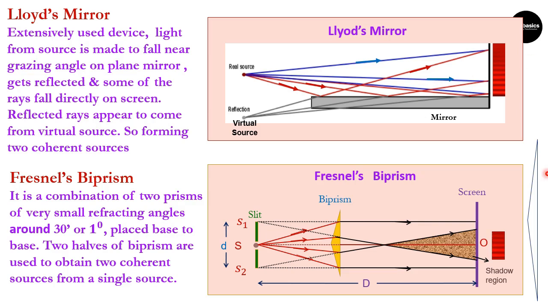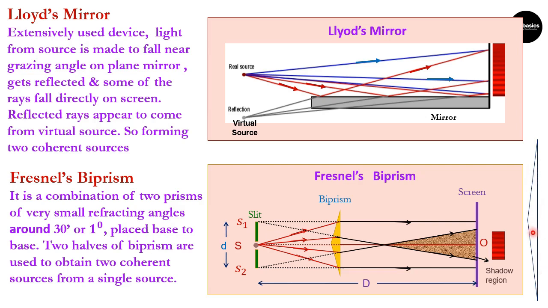Here I consider this as a biprism, and this biprism has this angle which is approximately equal to 178 degrees or 179 degrees. It is too large, so you can understand how small these two angles are.